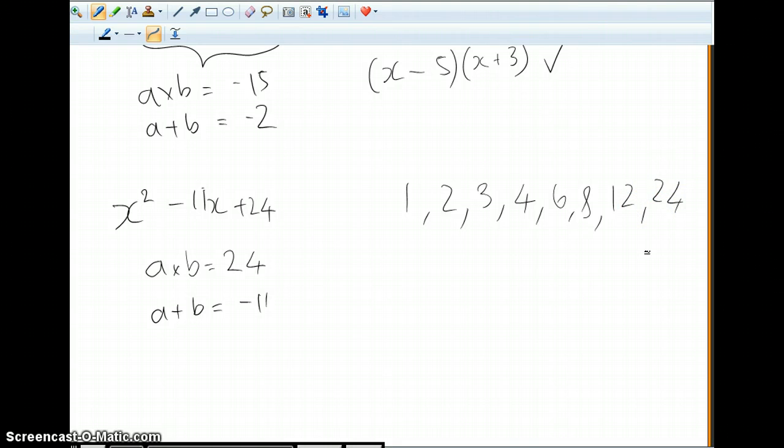Go through them one at a time, looking for the 2 that give a difference of 11. 1 and 24 doesn't work. 2 and 12, close but no cigar. 3 and 8 have a difference of 11. 3 and 8.